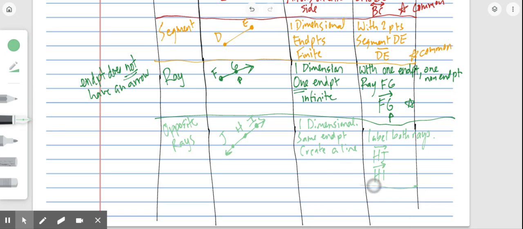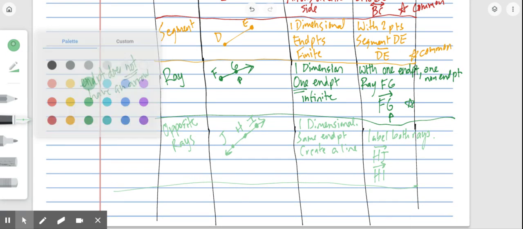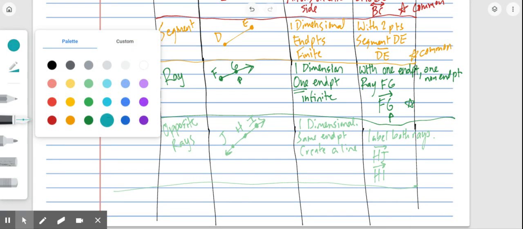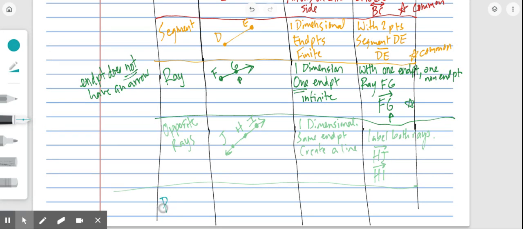Okay. All right, now we're going to talk about planes. Okay, a plane looks like this. Basically, you draw it to look like a sheet of paper or a wall or some other flat surface that you know of.